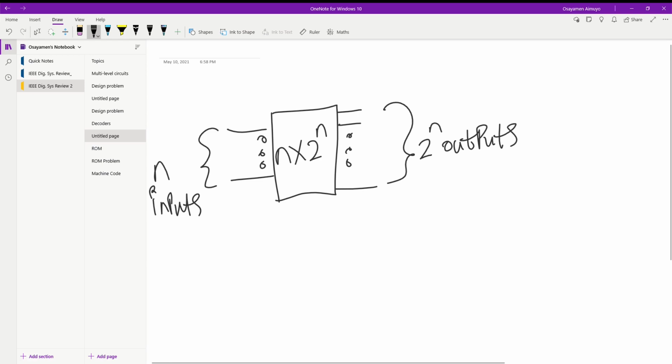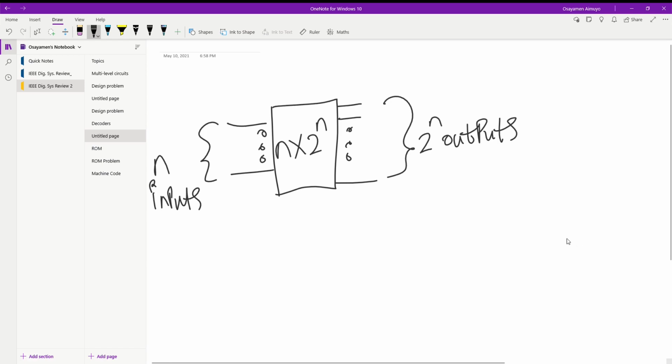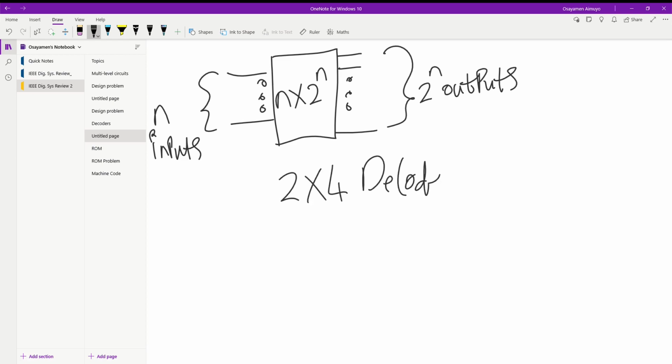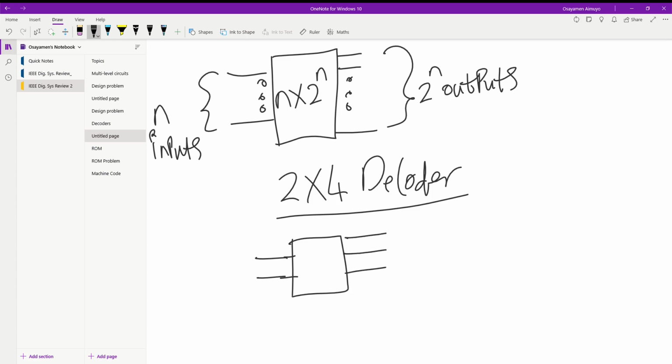So let's see how that works. It's based on an encoding technique. Let's just observe a 2 by 4 decoder. For that, you would see how the conversion that I mentioned works.